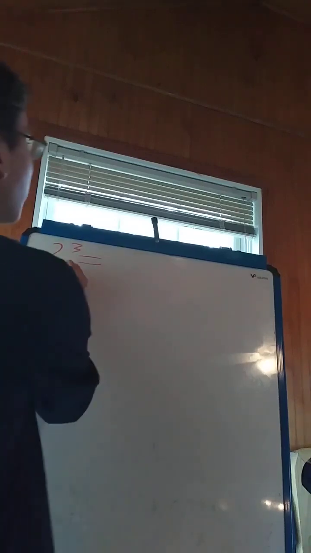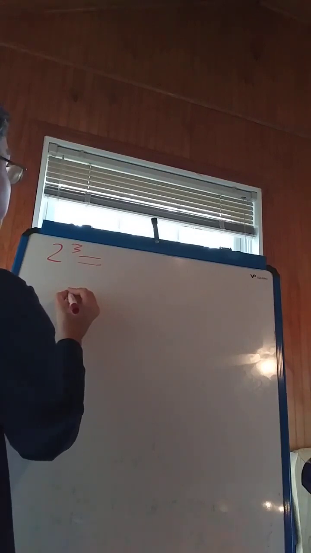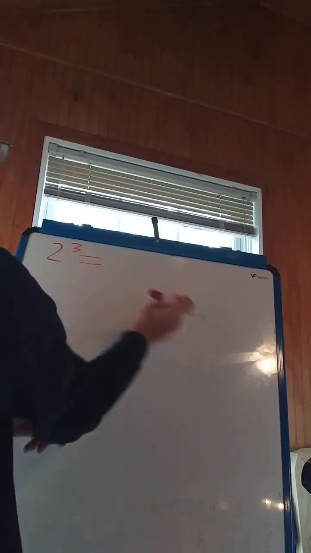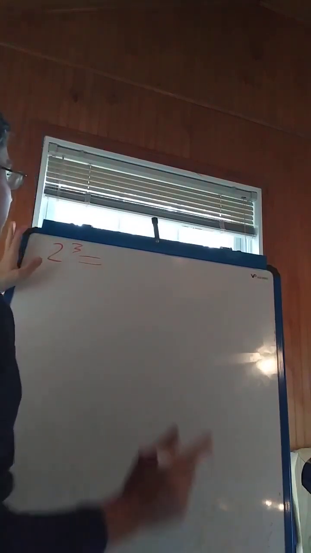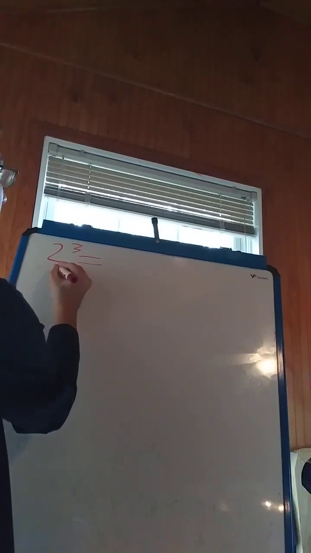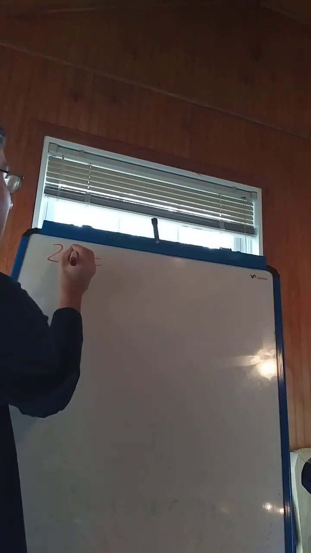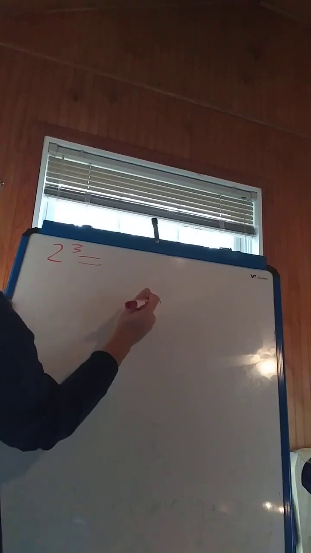You have this number here, and you have this little number here. This is the number that you are multiplying by, and this is how many times you're going to multiply this number. And you can do this easily on a calculator.